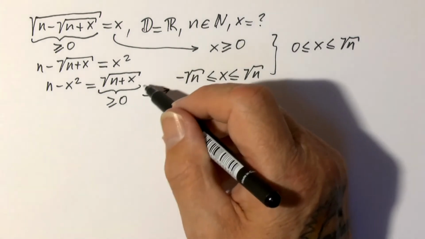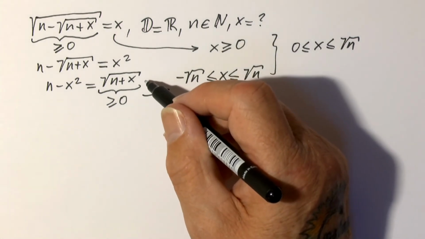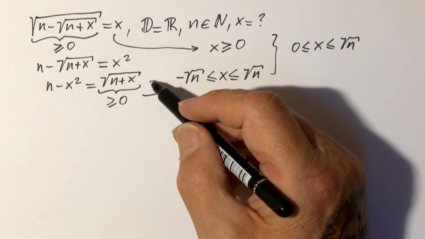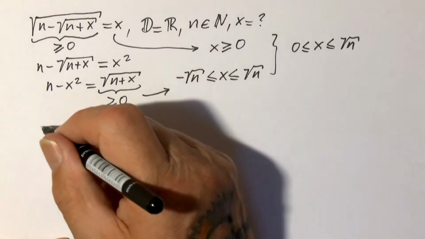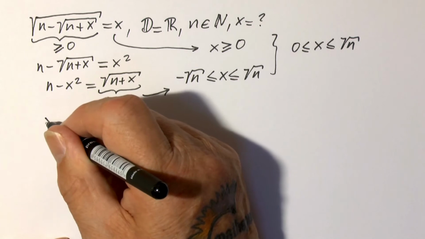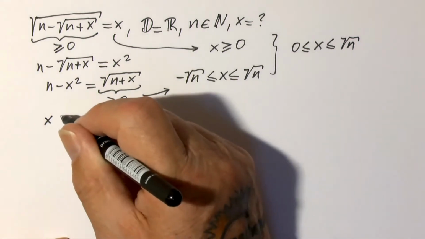We square once more both sides of this equation now, and we obtain this equation of fourth order.